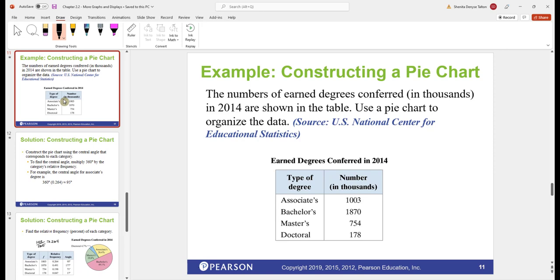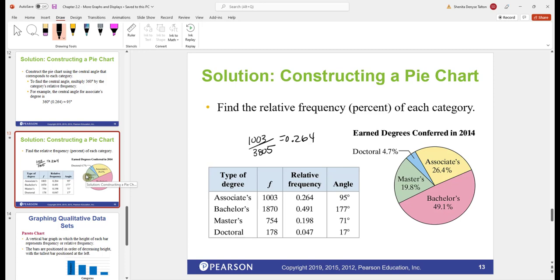You don't know what proportion of all the degrees are bachelor's. Like we said, 754,000 earned a master's. Okay, well, what percentage is that of all the degrees earned? So rather than just looking at numbers, we want to look at the relative frequencies.